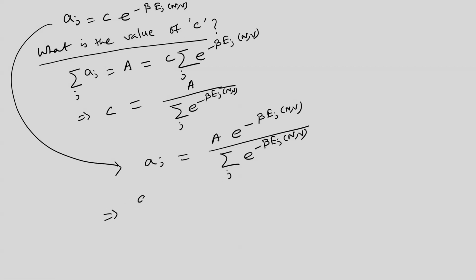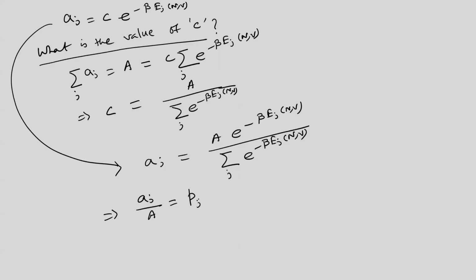Or we can write AJ by A. So, what is AJ by A? We have AJ number of states having energy EJ, and capital A is the total number of states. AJ by A is nothing but the probability of the jth state having energy EJ.